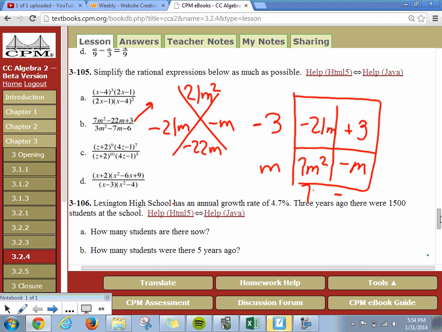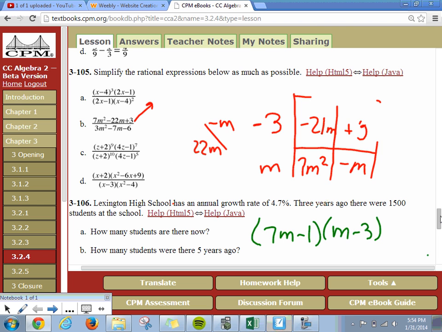Up top we can pull out a 3, down below just looks like an m. Then we can pull out a 7m and a 1. So what we'll be left with for our factors, I'm going to write it down below, is 7m minus 1 times the quantity m minus 3.